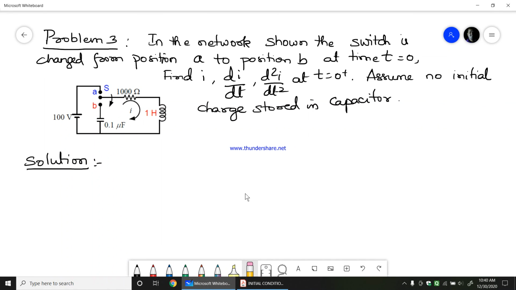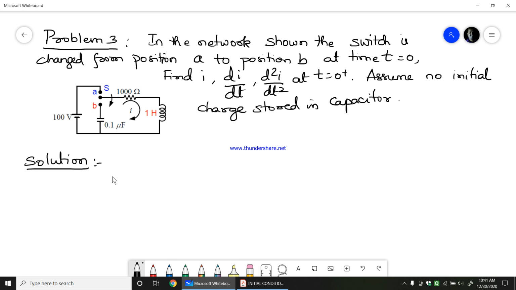In the network shown, the switch is changed from position A to position B at time t equals 0. They are asking to find the current I and the first and second derivative of I at t equals 0 plus, and assume no initial charge stored in the capacitor.